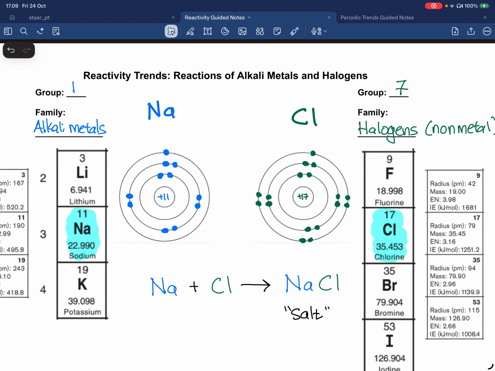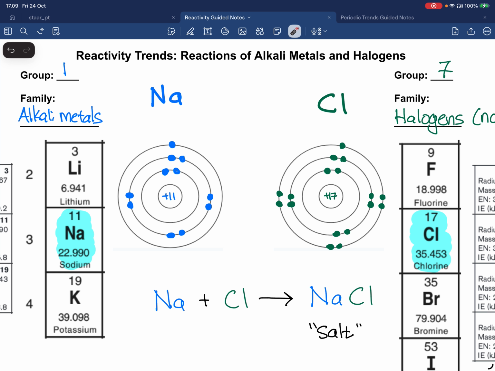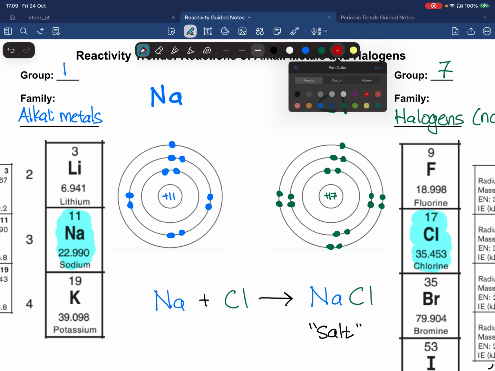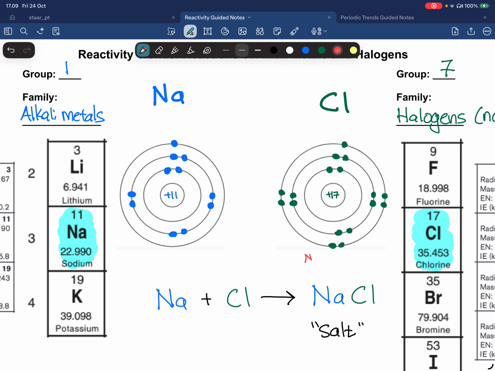All right, now, what's happening is this, okay? We'll find out later when we do reactions that every element is trying to get what we call a noble gas configuration. It's trying to get 8 electrons in its outside shell. Noble gas configuration generally means 8 electrons in the valence shell.